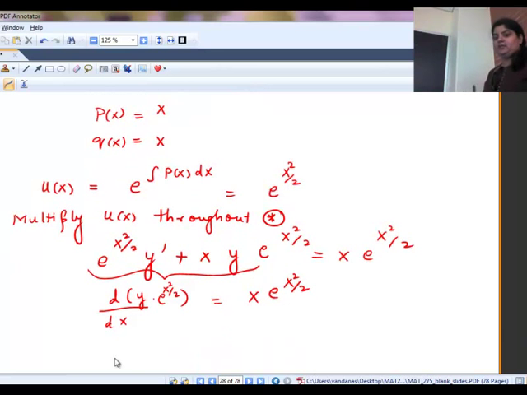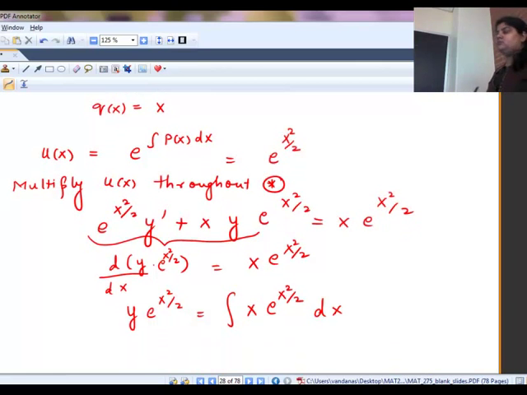Now integrate both the sides. So what is the integration of this function here? What's the integration of this?